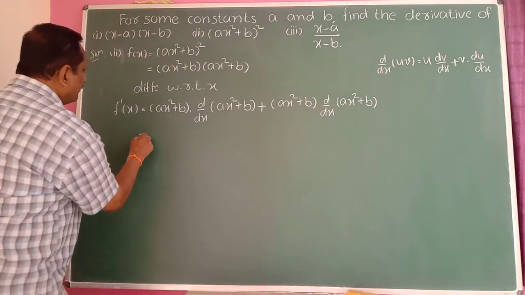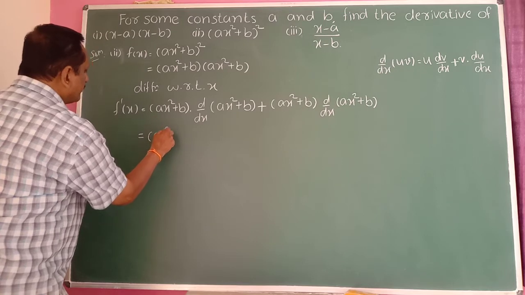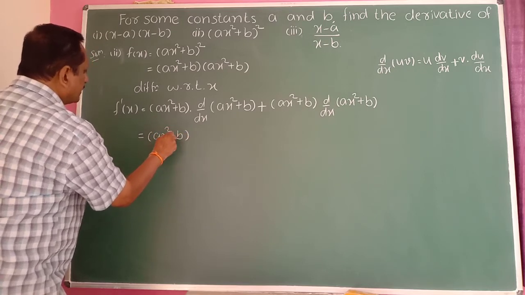Therefore this is equal to (ax² + b) as it is here.